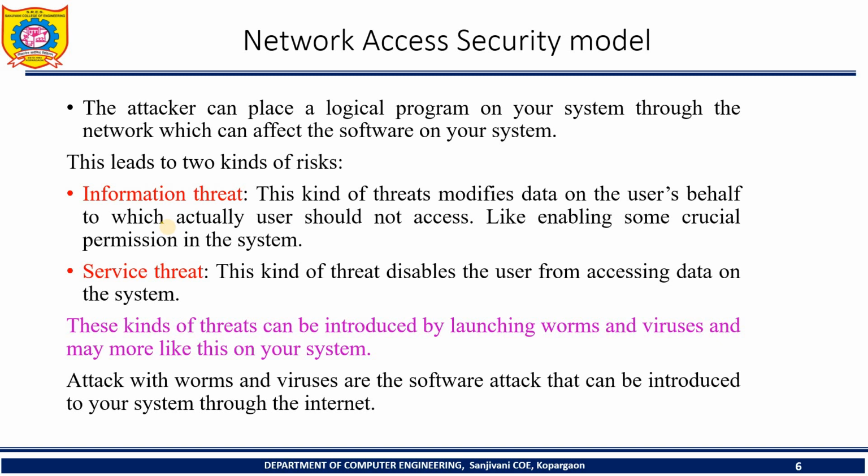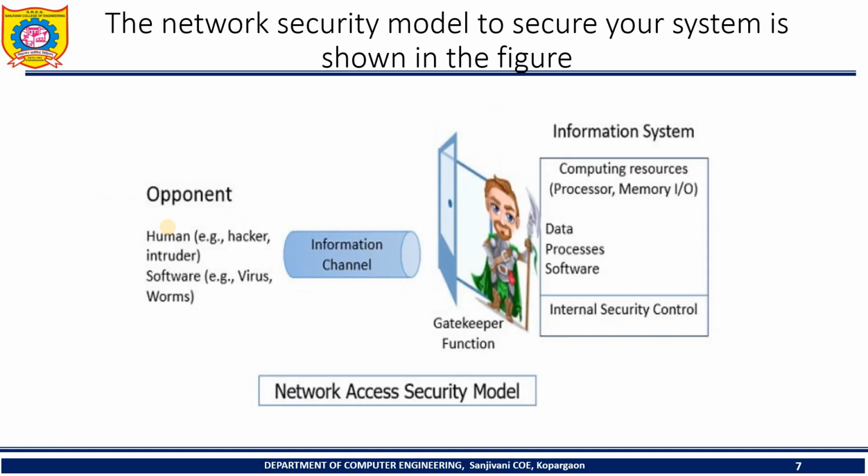People can reach your system, penetrate into it, and enable or disable the crucial permissions in the system. They are disabling the user from accessing the data also. So these are the threats, or the risks, that are possible in the network security model.